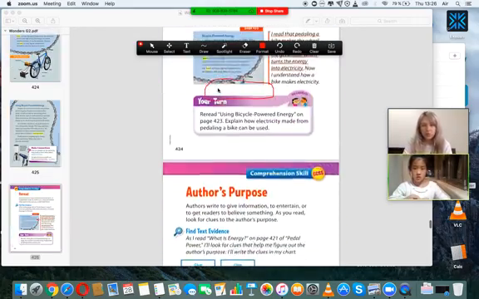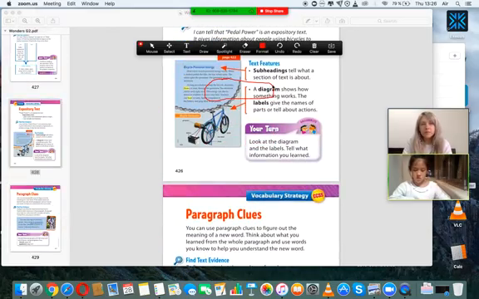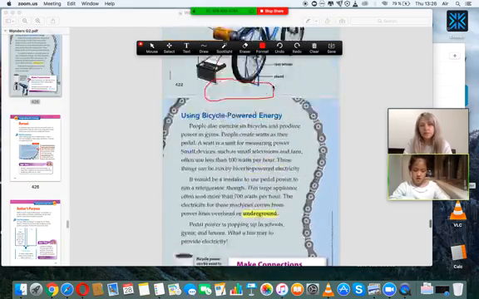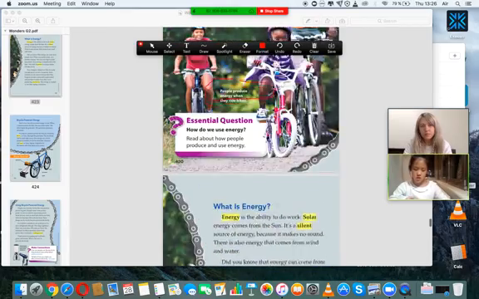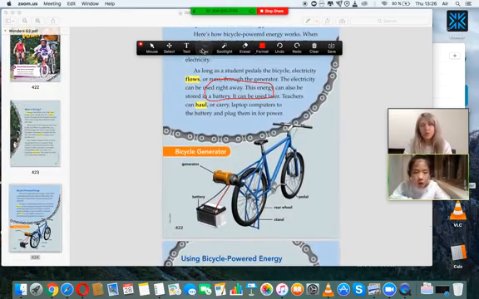And so what is a diagram? Let's find the diagram here. Can we say that this is a diagram? What does it show us?